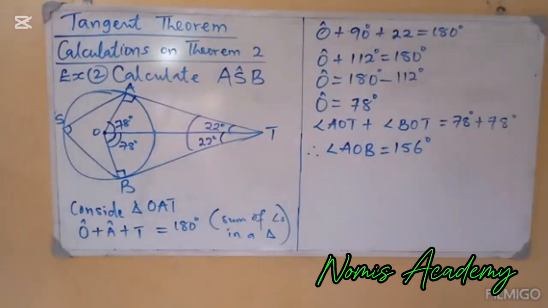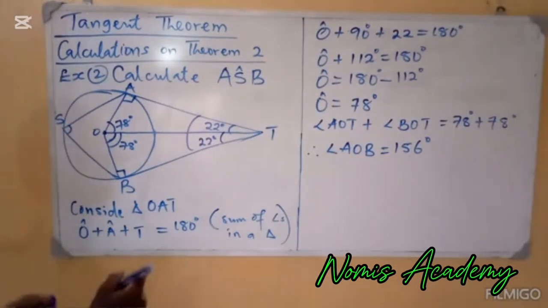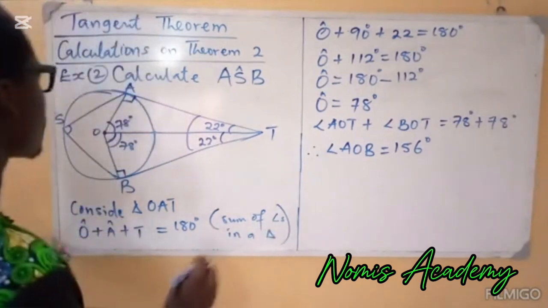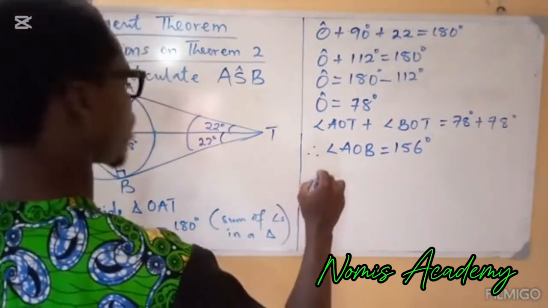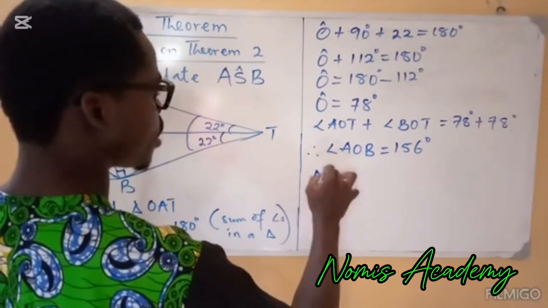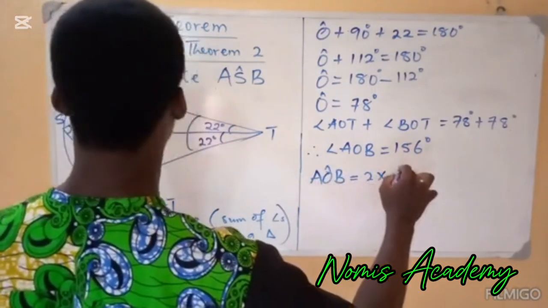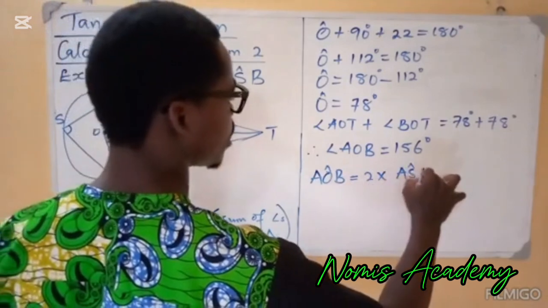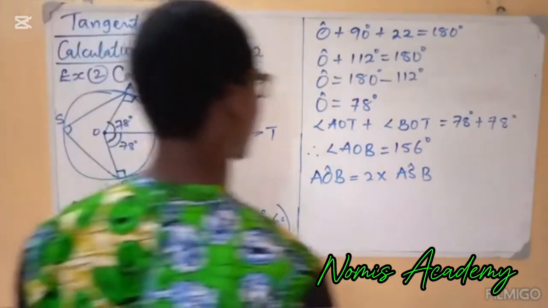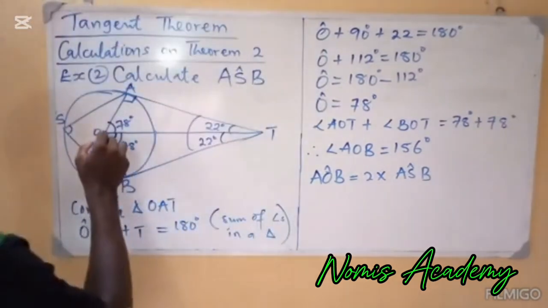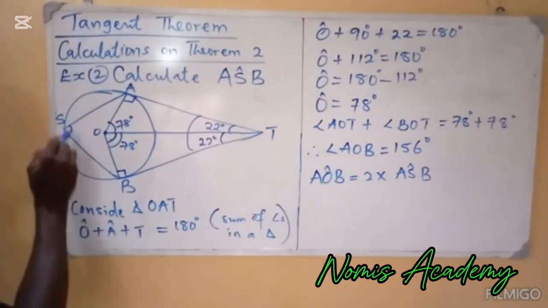Now to find angle at S, we are using the same idea. Angle at S, we say that AOB is twice ASB. I hope you remember this theorem: the angle at the center is 2 times the angle at the circumference.